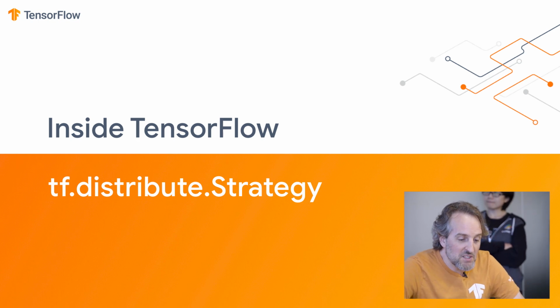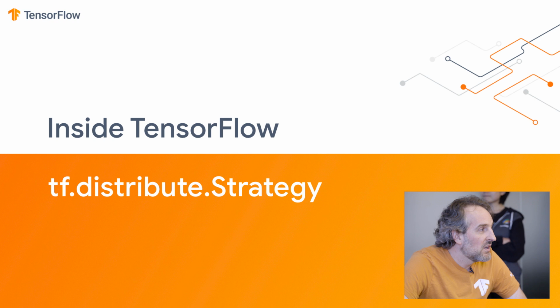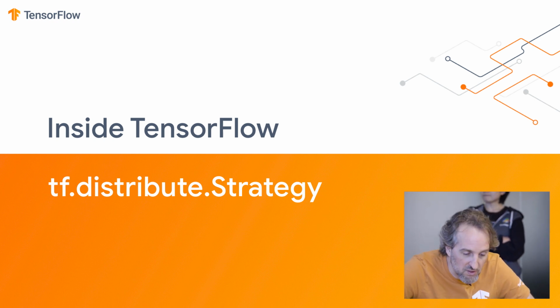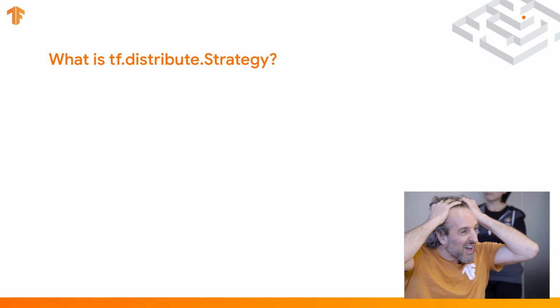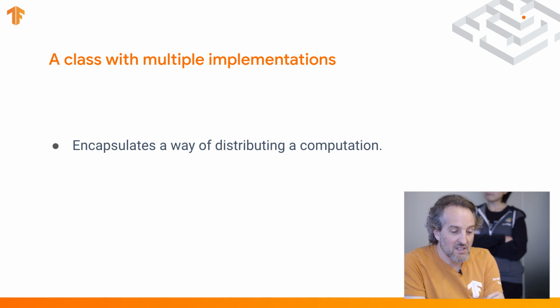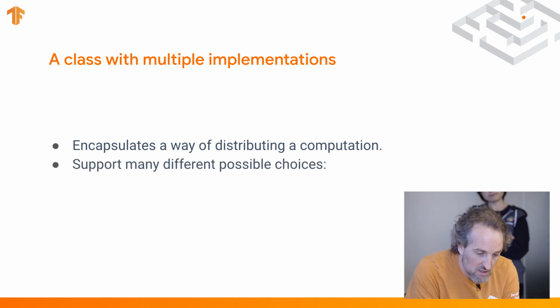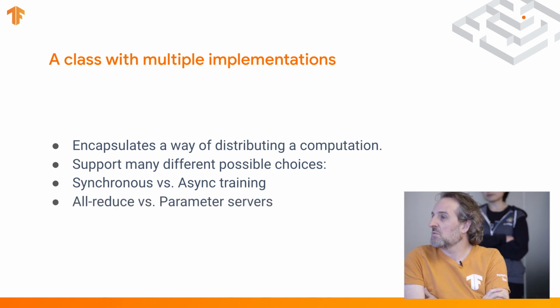We've been sort of ambitious here in terms of all the different kinds of distribution we want to support. In particular, I hear a lot from people who think of tf.distribute.Strategy as a way to get access to an all-reduce programming model, distribution model.